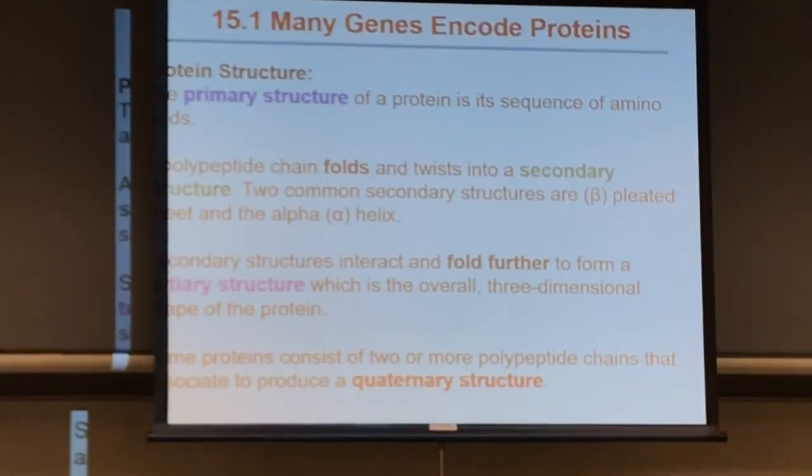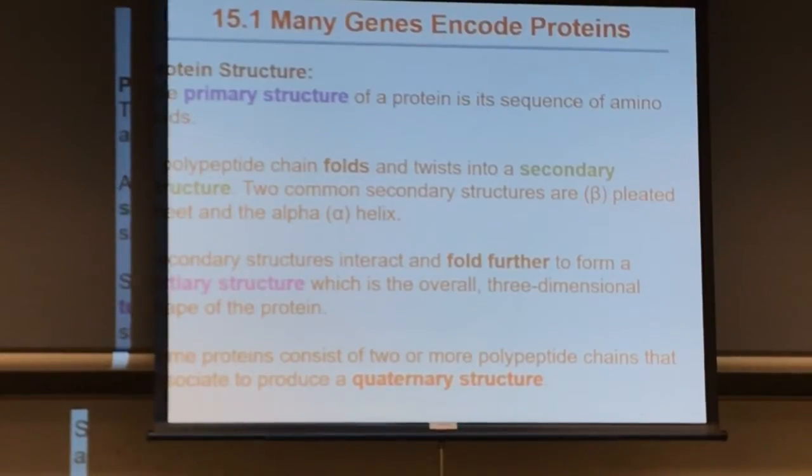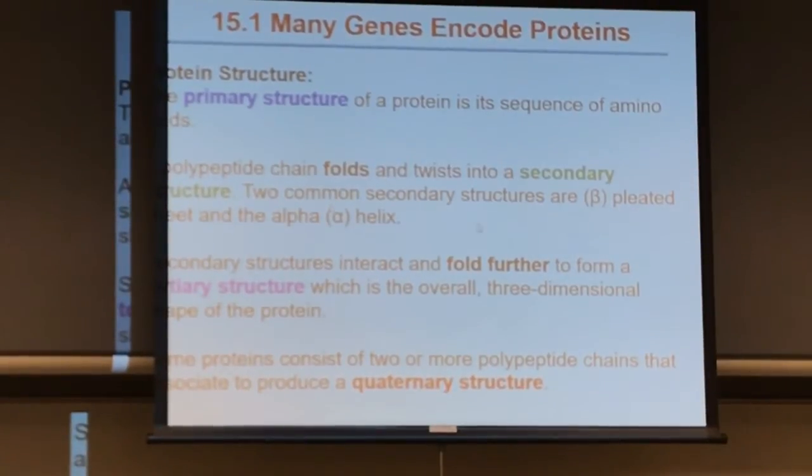So the amino acid chain comes closer, it begins to fold because of the interaction between different groups on a given amino acid, and that gives rise to the secondary structure. The secondary structure is actually the beta-pleated sheets and the alpha helix. Now these beta-pleated sheets and alpha helix further fold down to give rise to the tertiary structure.